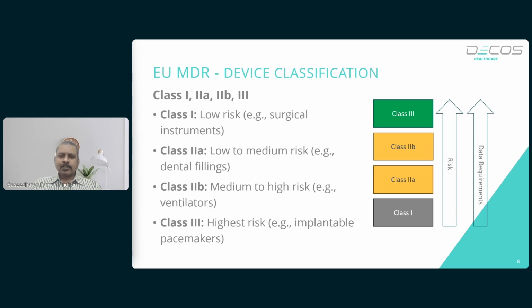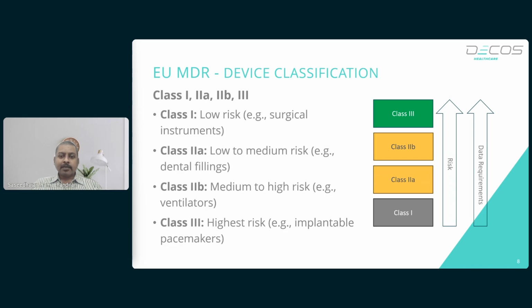Devices like surgical instruments, which pose minimal risk, can be self-certified by manufacturers, but still must meet safety and performance requirements. Class 2A, or low to medium risk devices. Devices like dental fillings fall into this category. They require more oversight, including notified body involvement for conformity assessment.